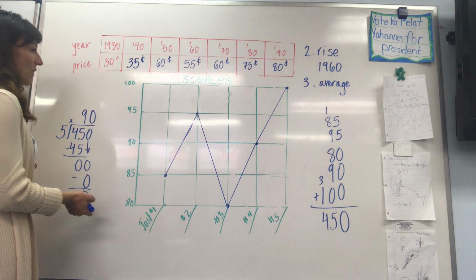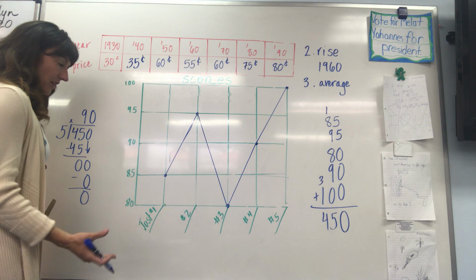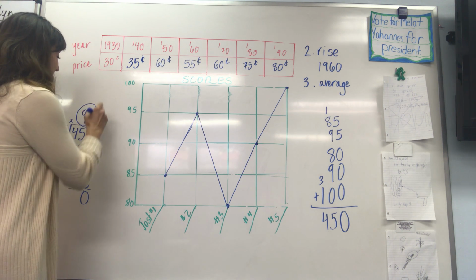There's nothing to bring down. So the average for Tommy, whatever subject this is, his average is a score of 90.